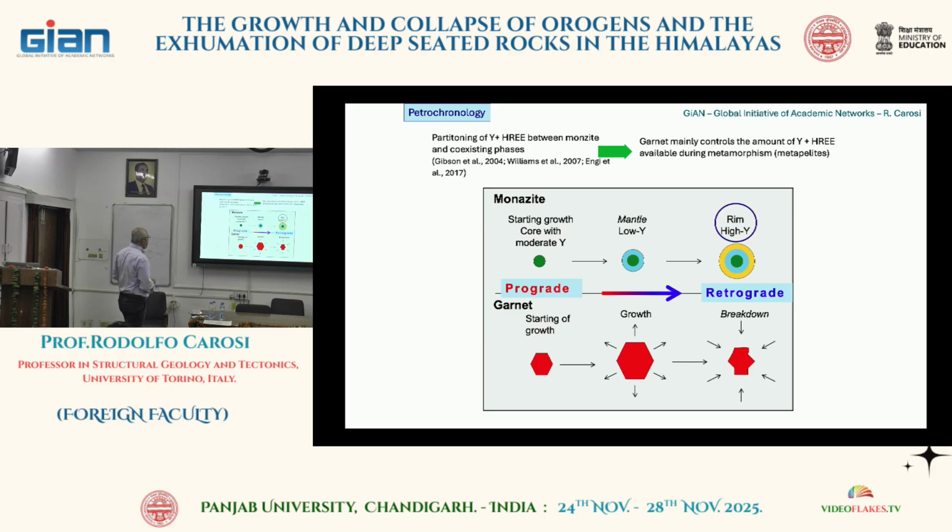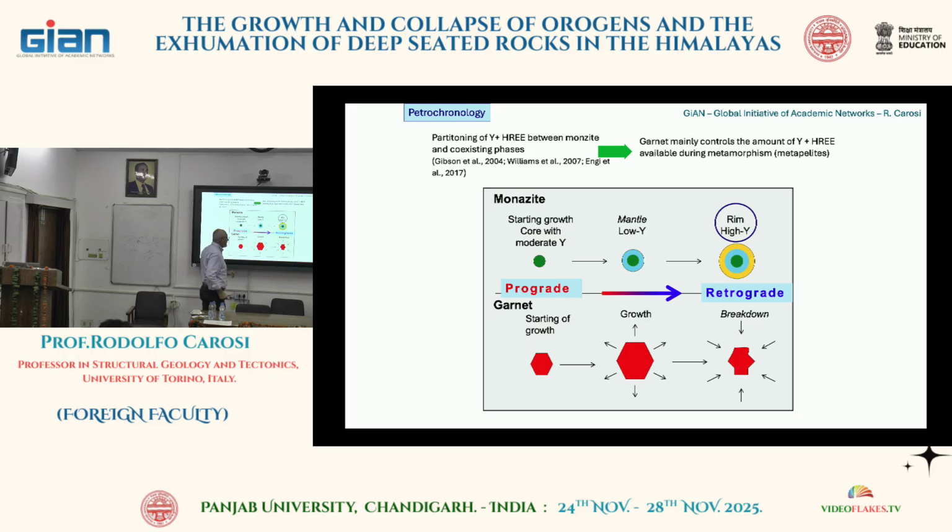Because yttrium and thorium in monazite and garnet are a proxy of the formation of metamorphism. So during progressive metamorphism, with the growth of garnet, all the yttrium is sequestrated by the garnet, and the monazite shows a very small amount of yttrium.